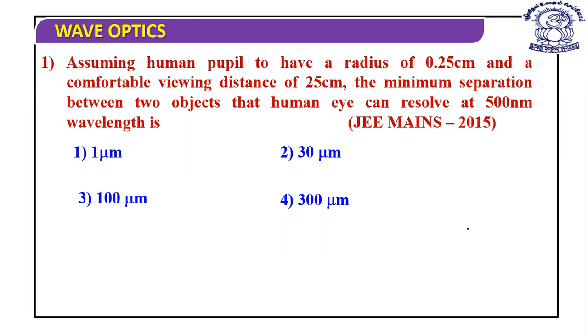The resolving power for human eye is given by theta is equal to 1.22 lambda divided by capital D. The minimum distance is x into theta. So put all the values and resolve. We will get D minimum as 30 micrometer approximately. So second option is correct.